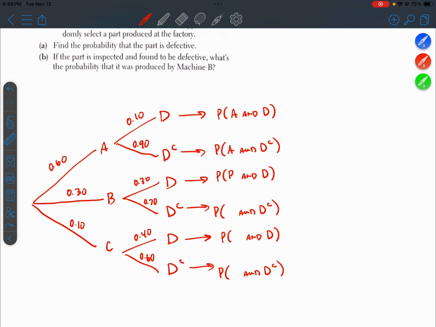Okay, so the third outcome is machine B and defective. The fourth outcome is machine B not defective. The fifth outcome is machine C and defective. And then the last outcome is machine C and not defective.